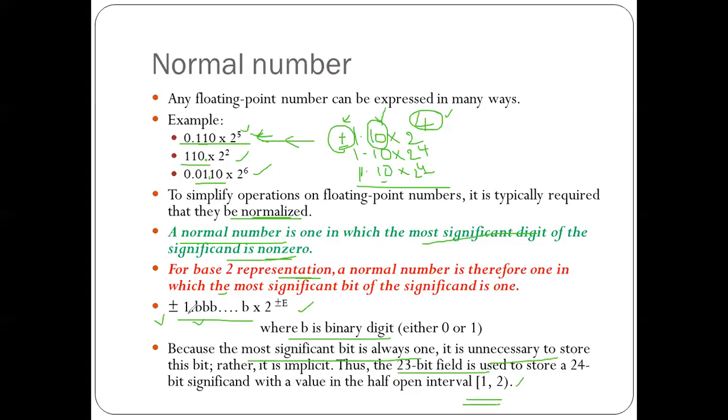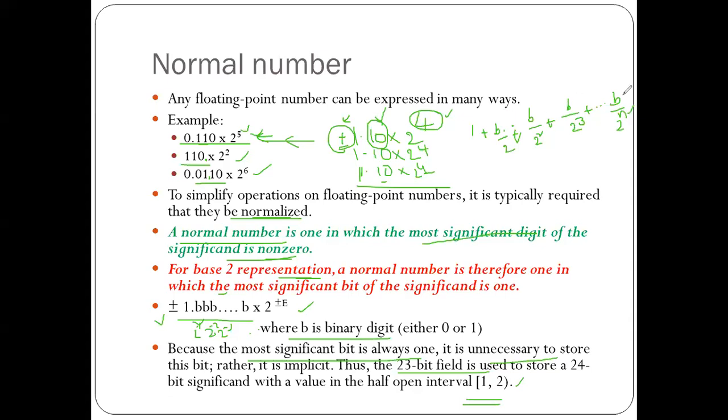Because we have 1 dot all B's, right? So here we need to apply powers of 2: 2 power minus 1, 2 power minus 2, 2 power minus 3 and so on. So you'll be getting 1 plus B by 2 plus B by 2 power 2, B by 2 power 3, and so on, up to B by 2 power n, where n is the number of bits dedicated for storing your significand.